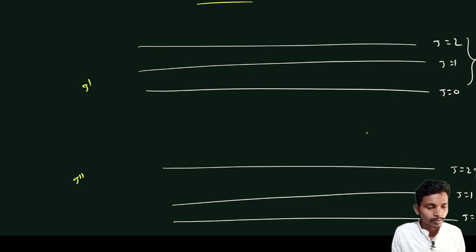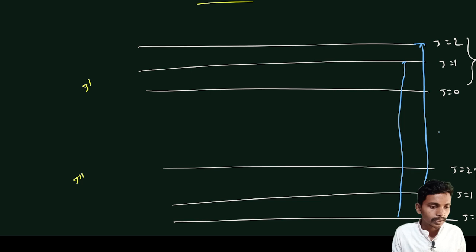For the R branch, J equal to 0 to J equal to 1, and J equal to 1 to J equal to 2, where delta J equal to plus 1. And for the Q branch, J equal to 0 to J equal to 0.